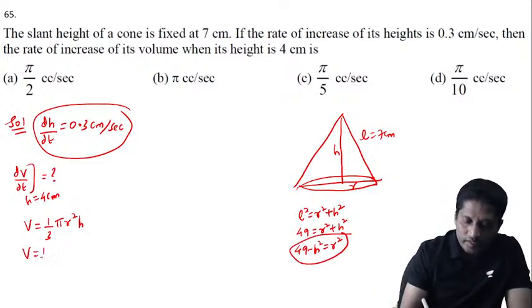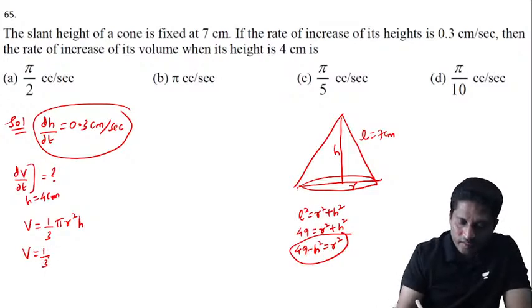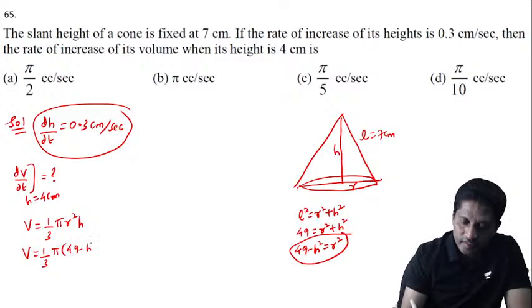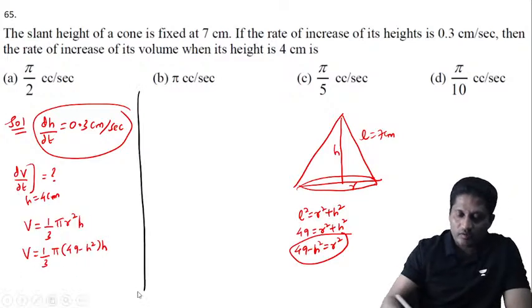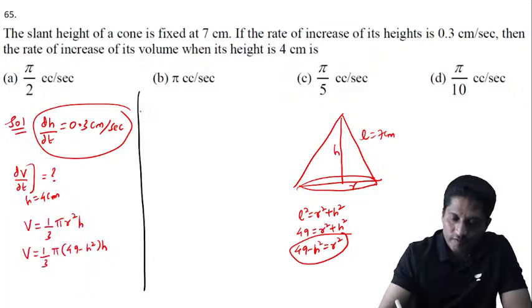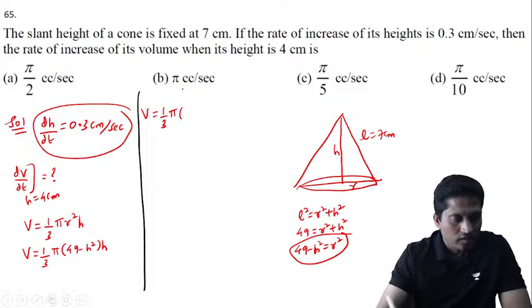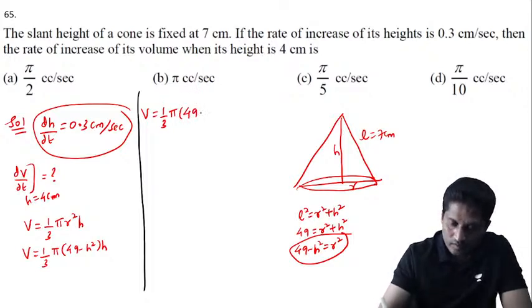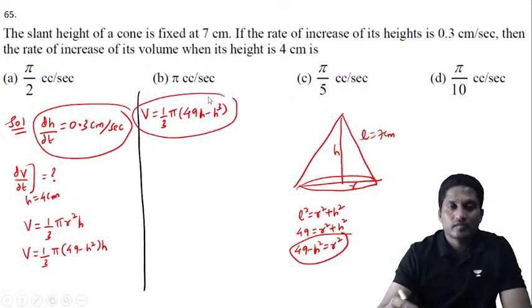V is equal to 1 by 3 pi r square h, which is 49 minus h square into h. Now if I multiply, V is equal to 1 by 3 into pi, into 49h minus h cube. I got V in terms of h.